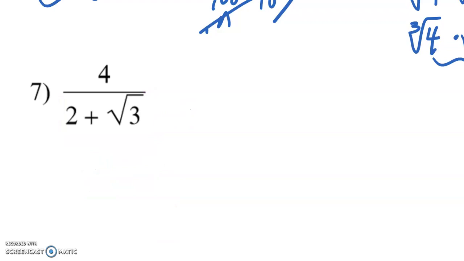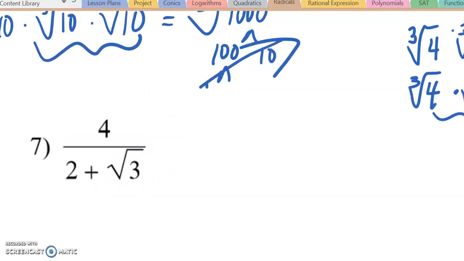The only way to get rid of a group is to multiply this group by another group, and we're going to call it the exact same group, but instead of whatever the sign is in the middle, we're going to change it to its opposite. And this is what we call a conjugate. A conjugate is literally the exact same group, but we change the value in the middle.